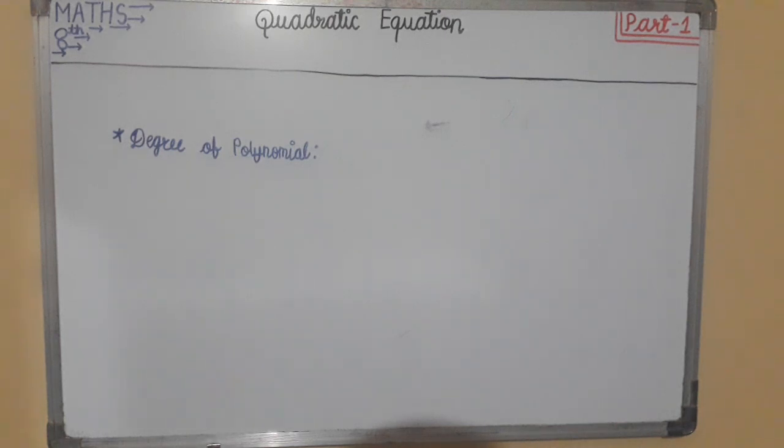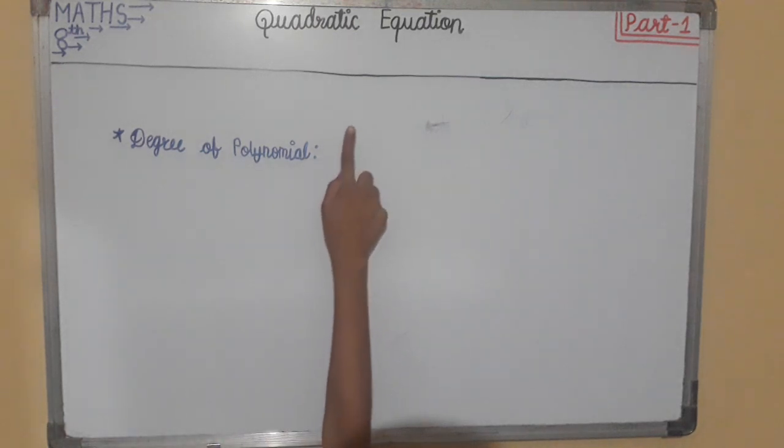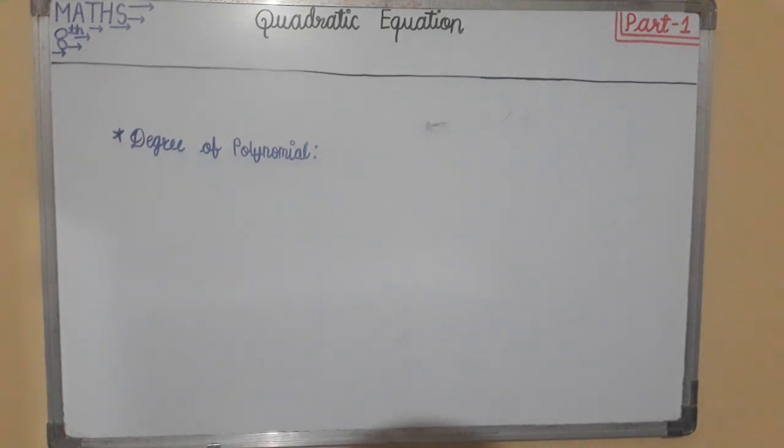Thus, a polynomial with degree 2 is said to be a quadratic polynomial. The general form of a quadratic polynomial is ax square plus bx plus c, where a, b, c are real and a is not equal to 0.